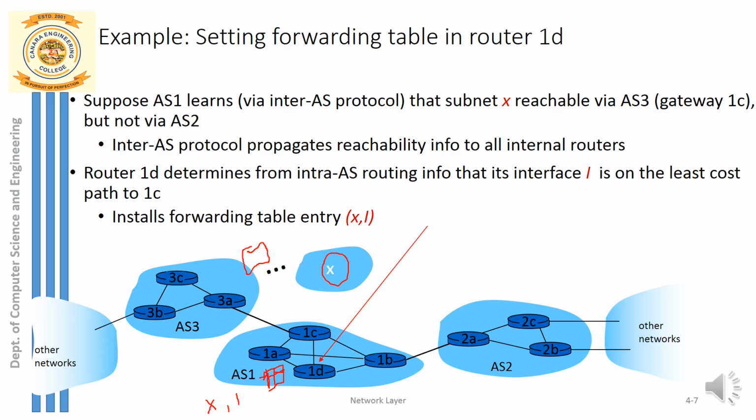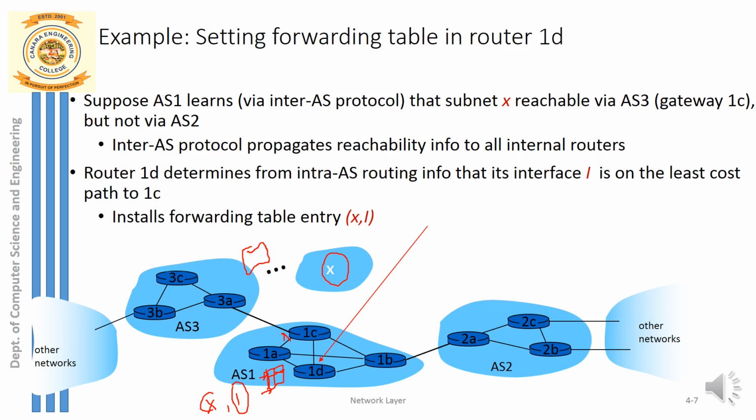Interface is nothing but the link. So there is a link 1A to 1C, you can call it an interface here. Via that interface it will reach 3A, and then via 3A it can reach the ultimate destination X. So X is a subnet reachable via the interface L. That information should be maintained inside the forwarding table of any router.